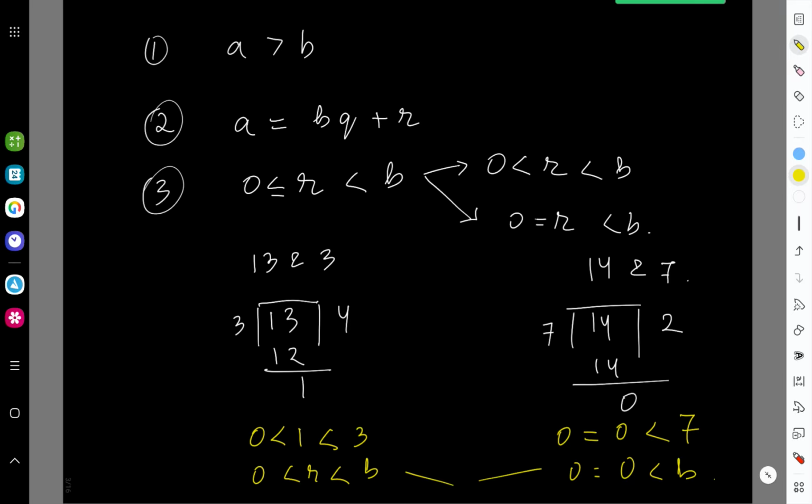Now, what is the use of this lemma? Before I come to that, let us first learn what this lemma means. So basically, lemma is a helping theorem.